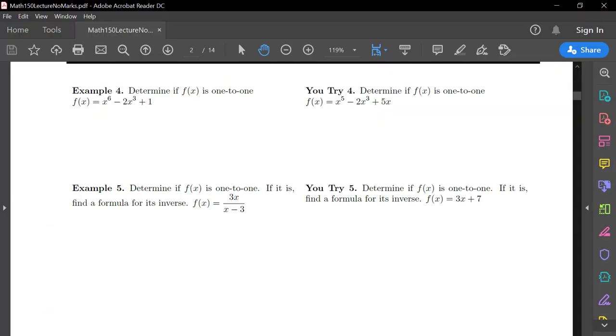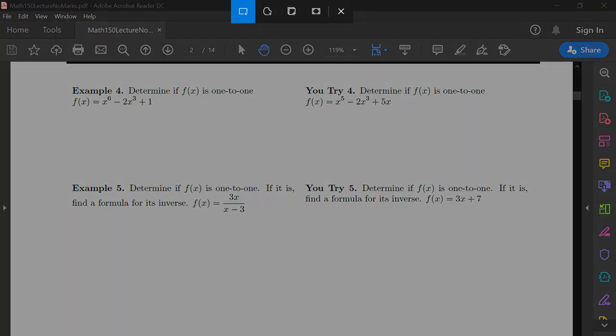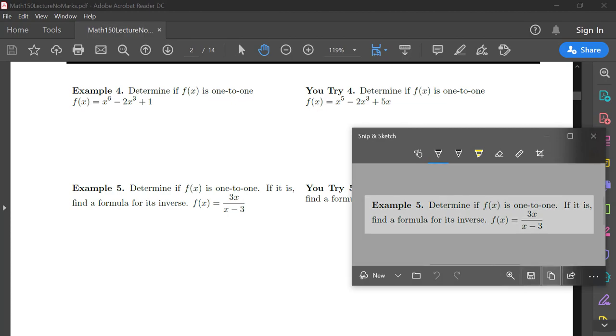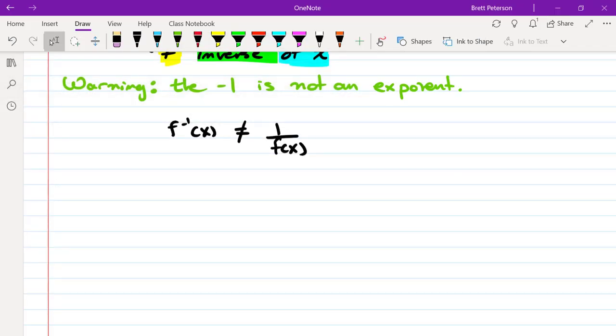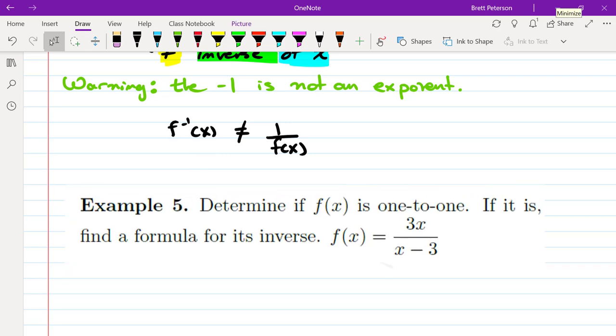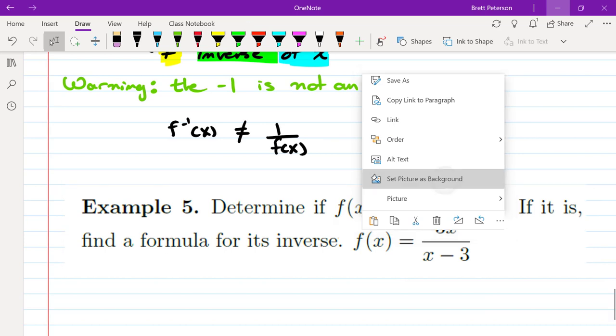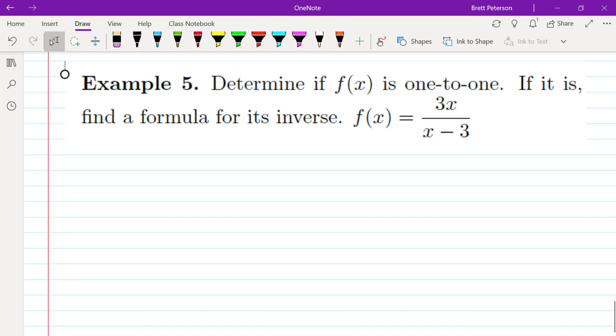All right, let's take a look at our next example, and we'll outline some steps as we do it. It says determine if f of x is 1 to 1, and if it is, find a formula for its inverse.